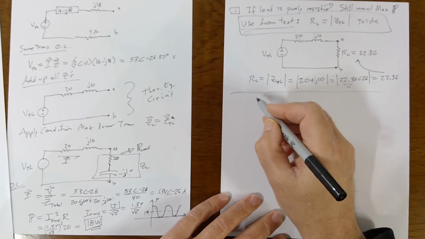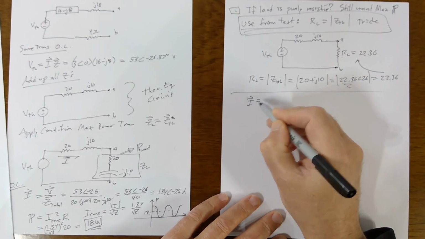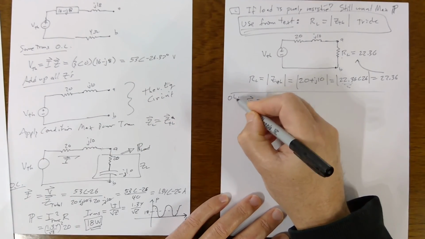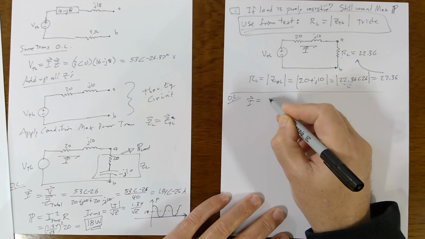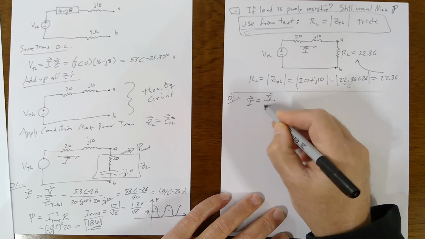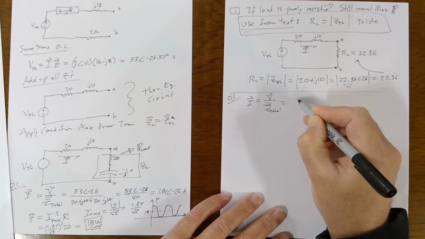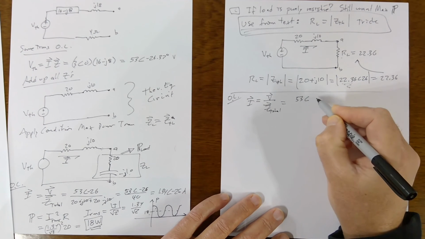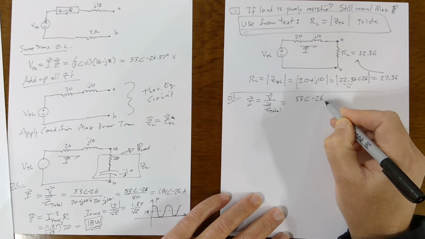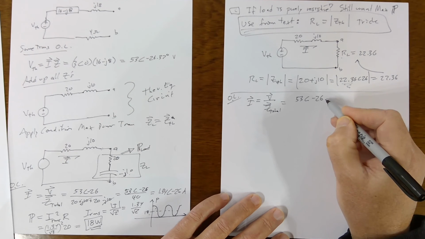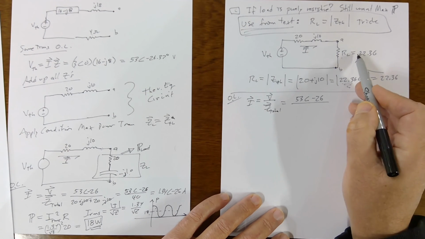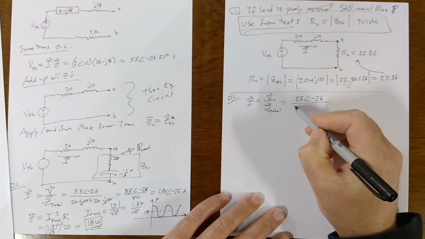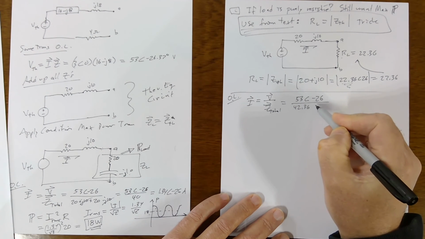So the rest of the problem is the same now. We're using Ohm's law. The new I phasor is going to be V over the Z total now, and the Z total is different. V is the same, it's 53 angle minus 26. And the Z total is 20 plus 22, it's 42.36 plus J10.